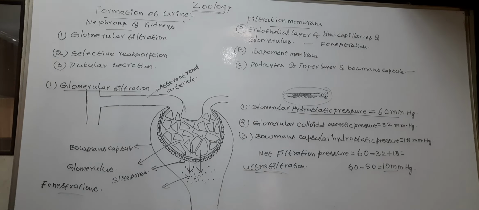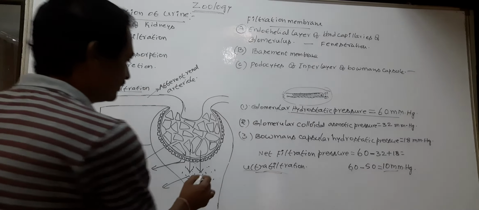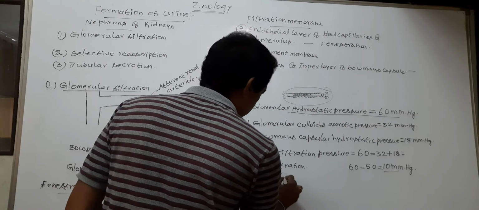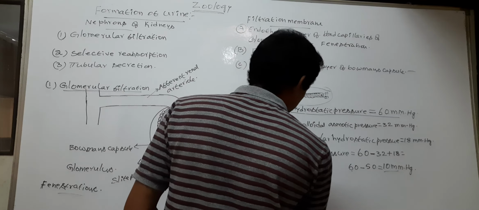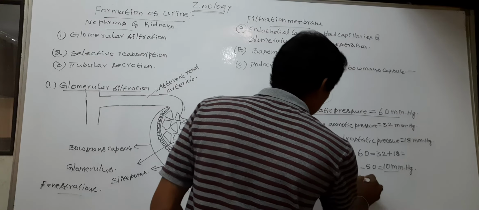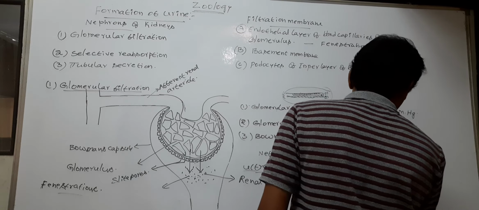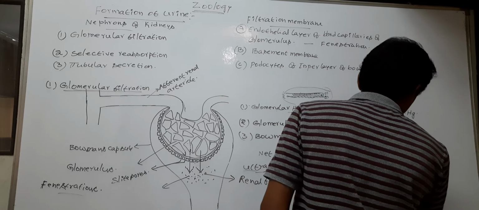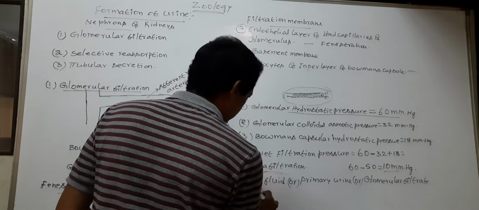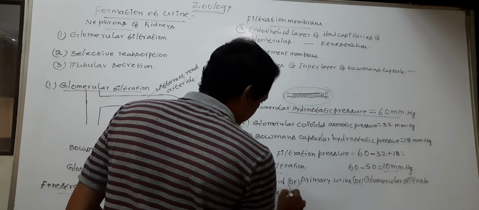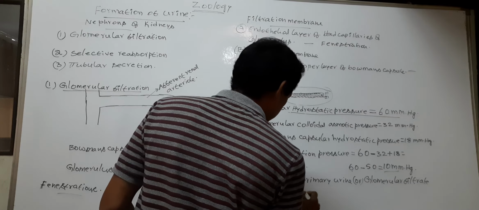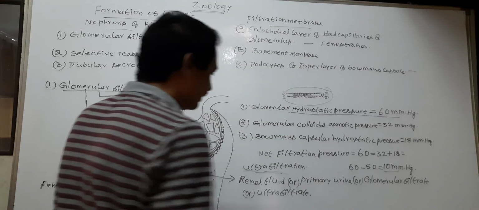This filtrate is called renal fluid or primary urine or glomerular filtrate or ultrafiltrate.